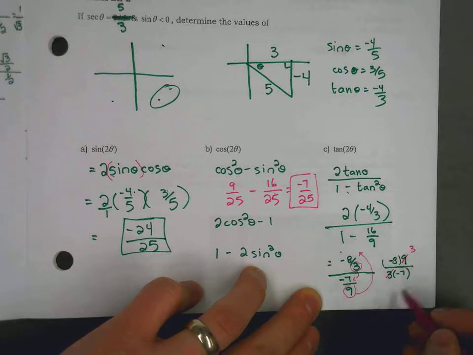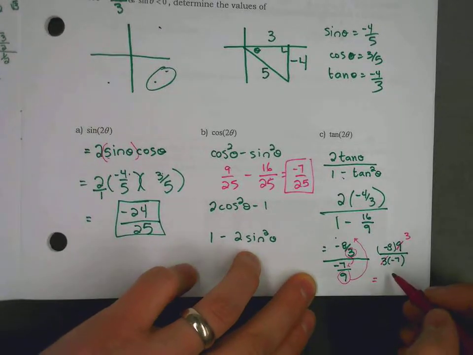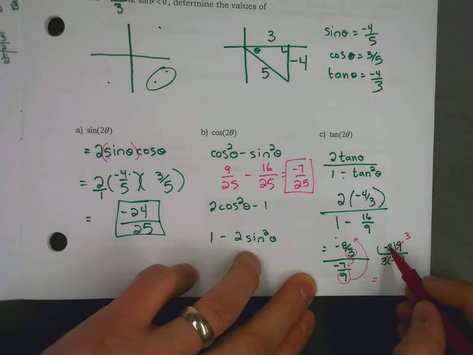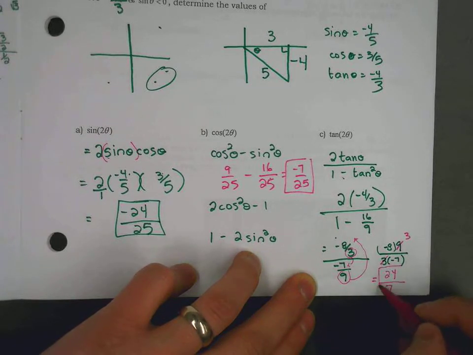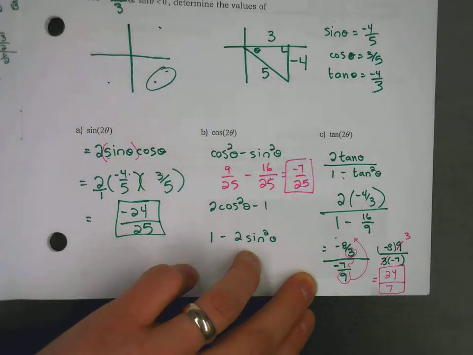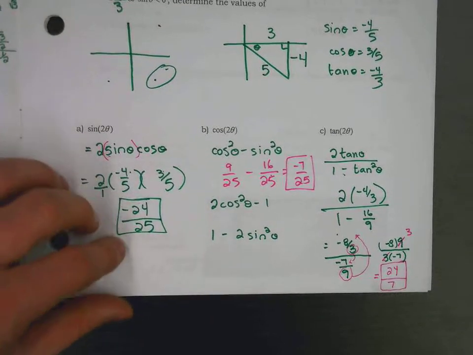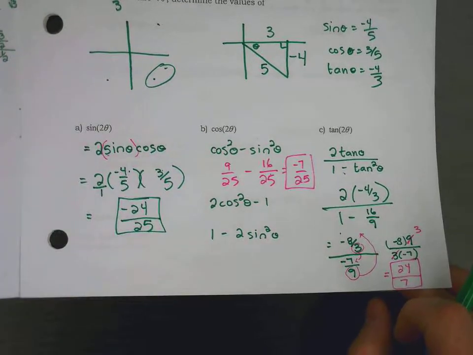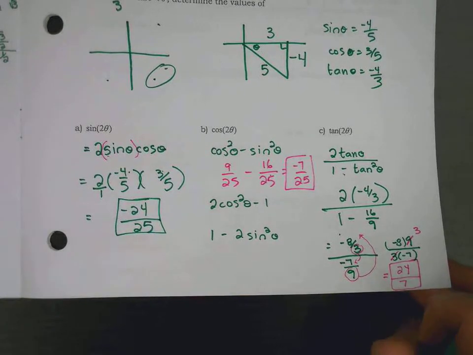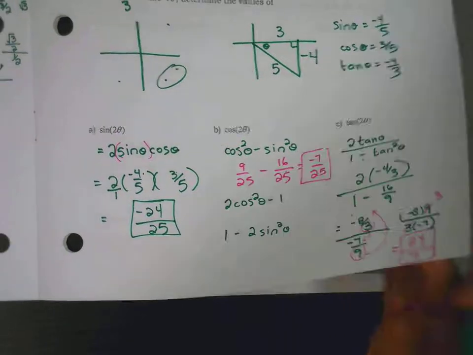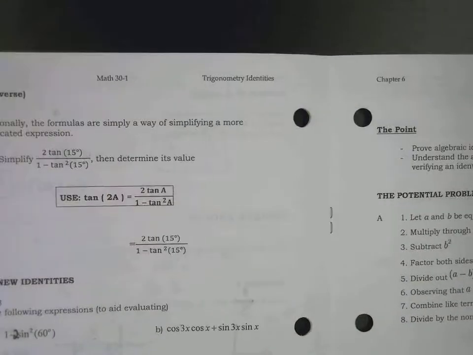That becomes a 3, to which we can sneak in at the very bottom as a final answer. Negatives cancel, and 8 times 3 divided by 7. Final answer. So this becomes a little bit more conceptual, that we're not really using our calculator to approach, but it does take these double angles into some sort of meaning.